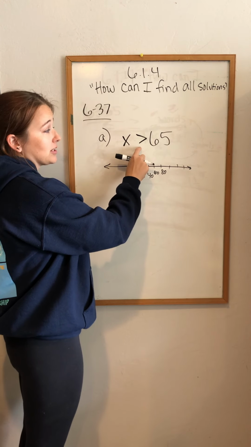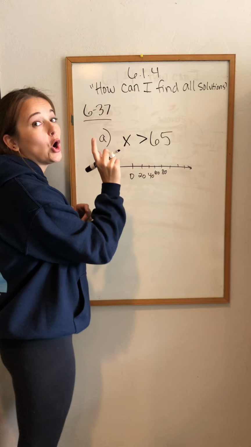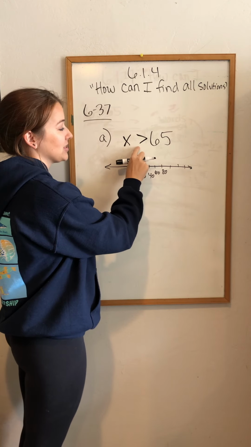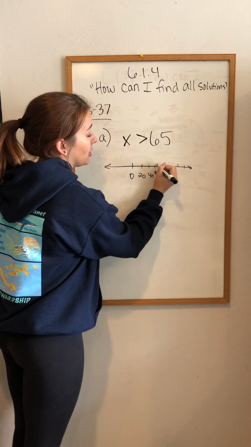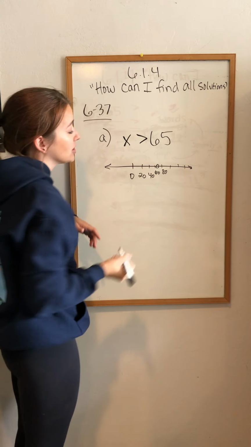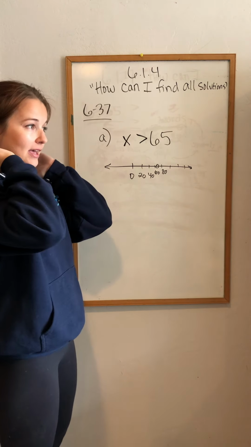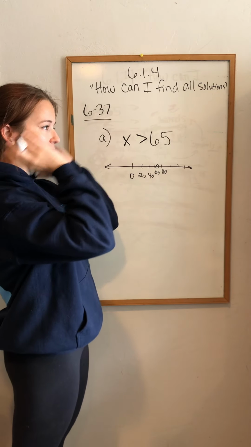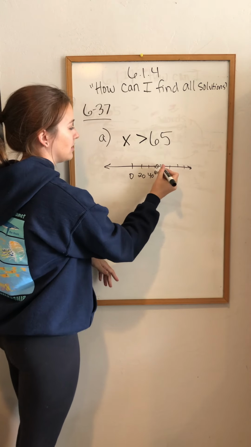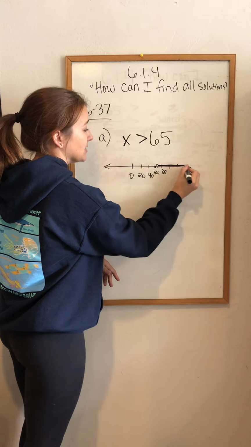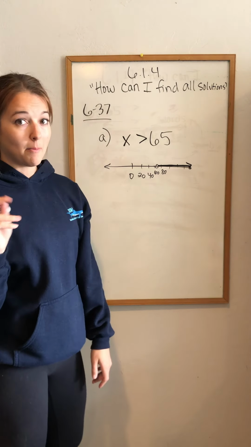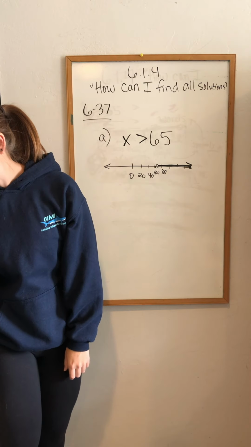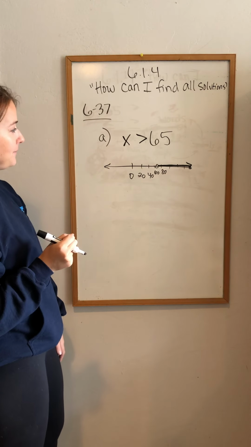And I know that it's going to be an open dot, because there is no line underneath the inequality symbol. So I'm gonna go right here, right there's good. Now, my bold line is gonna be everything to the right of 65, because everything above 65 will get you a speeding ticket, possibly. And that is part A.